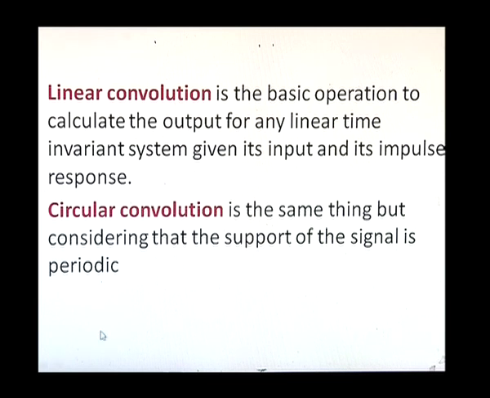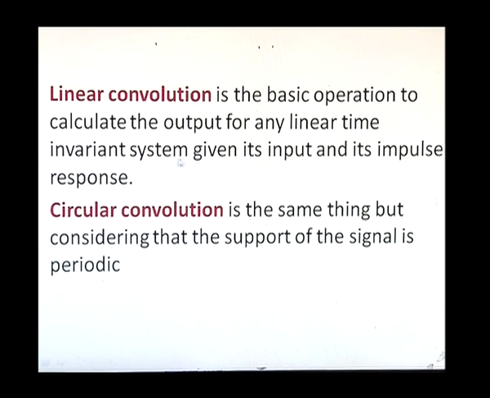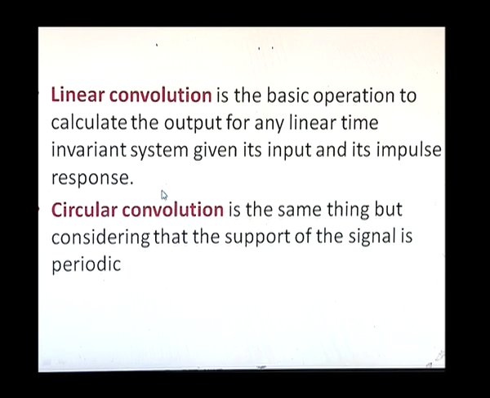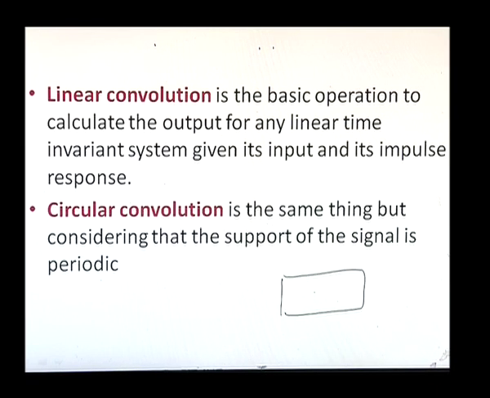Linear convolution is the basic operation to calculate the output for any linear time invariant system, given its input and its impulse response, that is impulse response system h of n. So, I am giving the input signal x of n, I am getting output y of n. This is a convolution.